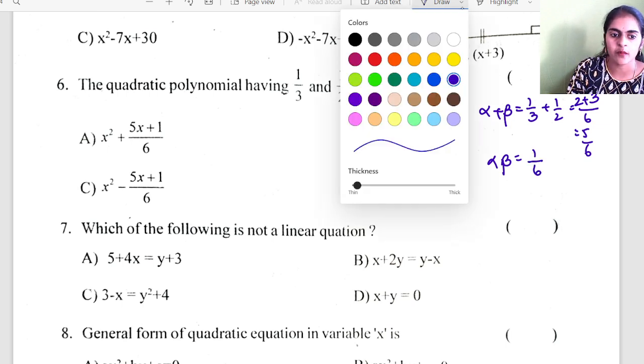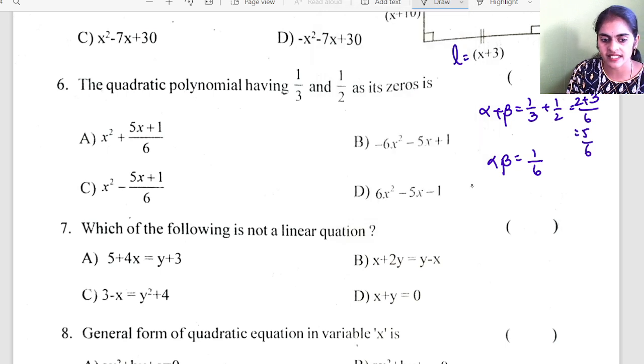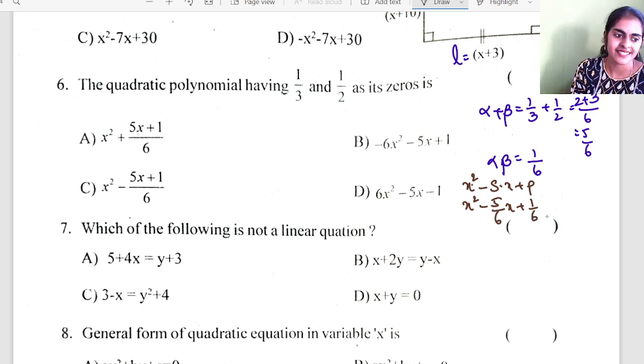Now if I want to write the polynomial, how do I write it? It is nothing but x square minus sum of zeros into x plus product. So x square minus sum of zeros, which is 5 by 6, x plus product, which is 1 by 6. The same thing I can write as x square... let's check if these two options are matching. Can I take 6 as LCM?